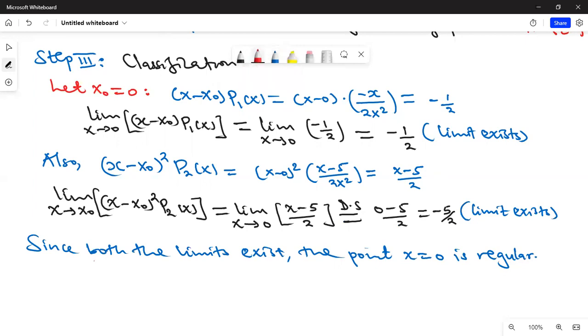So the key term is that both the limits must exist. What is the interpretation when we say the limit exists? It means that this function and this function are analytic at x equals x naught.